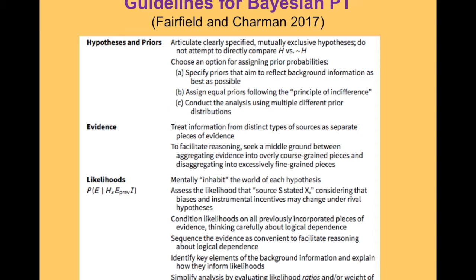And then we mentally inhabit the world of each of the alternative hypotheses and ask, in that world, if that hypothesis was true, how likely is it that we would find evidence that has this value, right? And we do that for each of the hypotheses, or we can do it for comparing pairs of hypotheses.